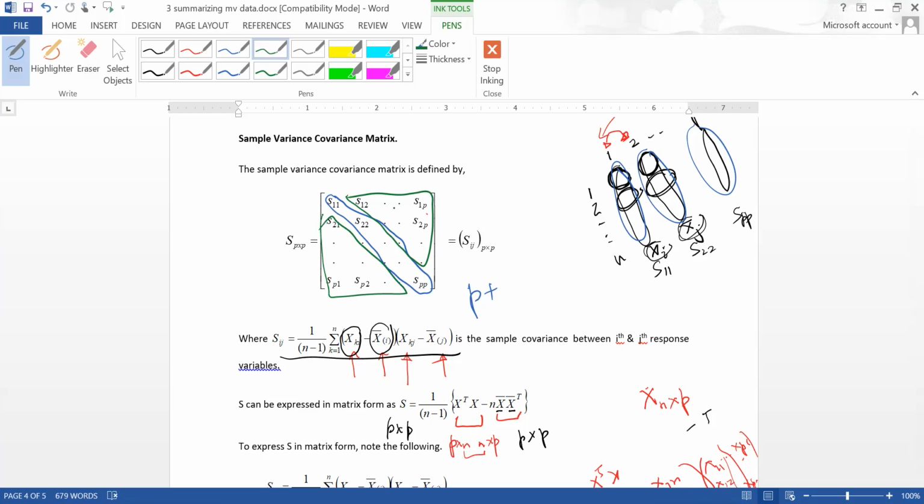So I have 1,2 up to 1P, right? Then 2,3 up to 2P. Likewise, you have all the off-diagonal elements. So for off-diagonal elements, there are P responses. Taking 2 at a time, how many pairwise covariance terms?